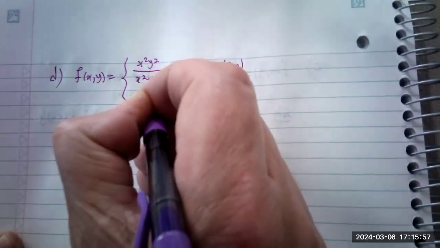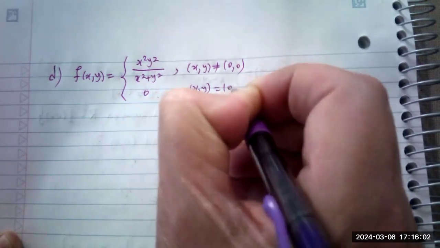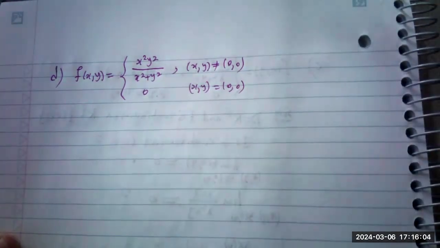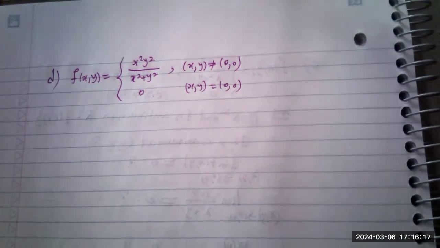And the function is 0 at the origin. That's it. We want to check to see if this function is continuous. Again, the domain is R squared. To start with, it's continuous if you disregard the 0, so you have to explain it.